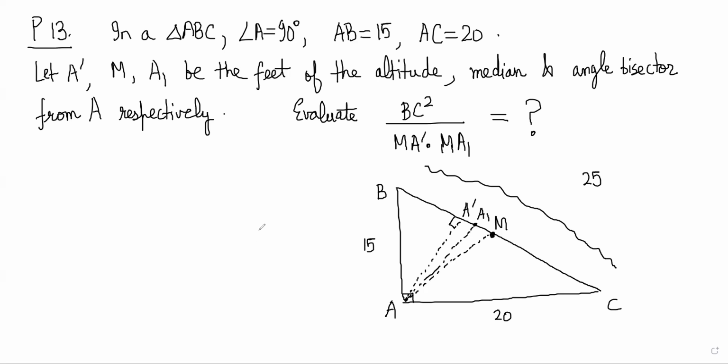Anybody getting any ideas? I will give you a hint. Start by calculating A dash and then AM and then A dash M. Can you find these lengths for me?